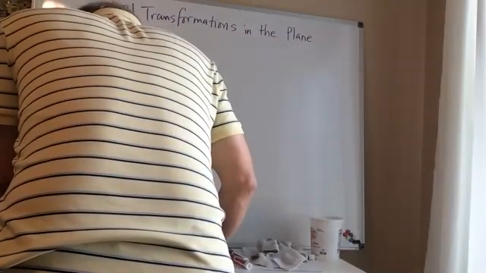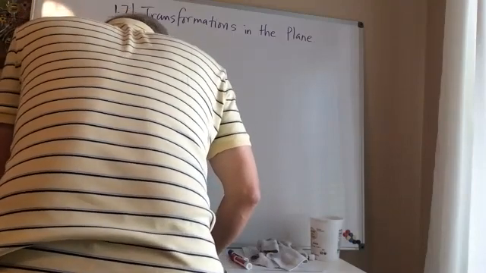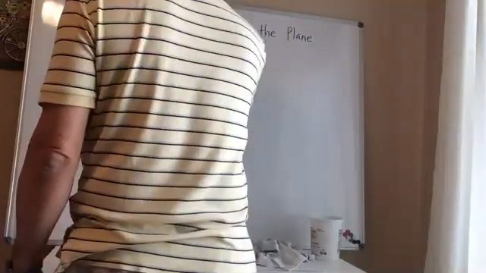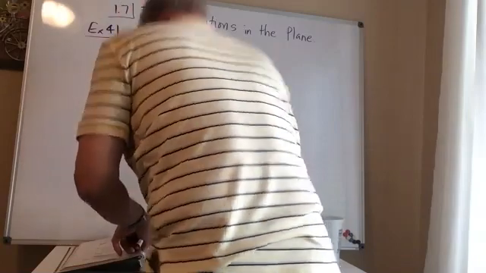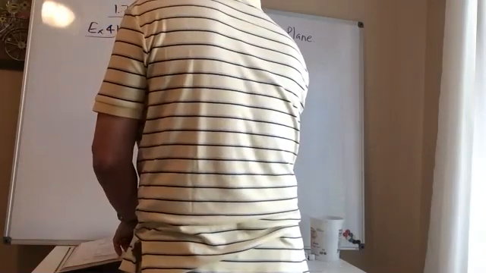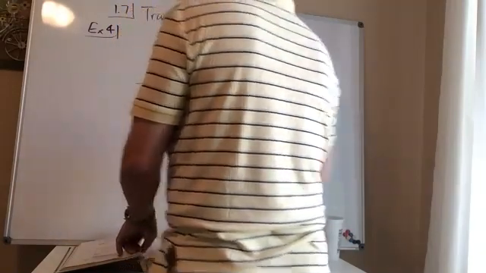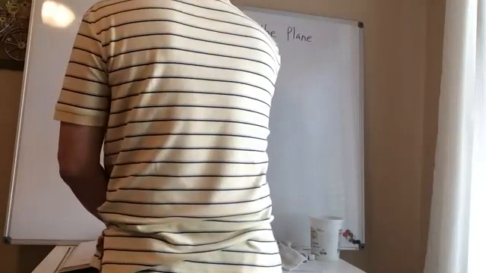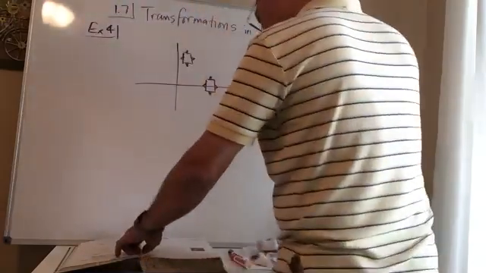Write a rule for the translation of square 1 to square 2. So we start with square 1, which is here with little points, and I'm moving to square 2, which is up here.